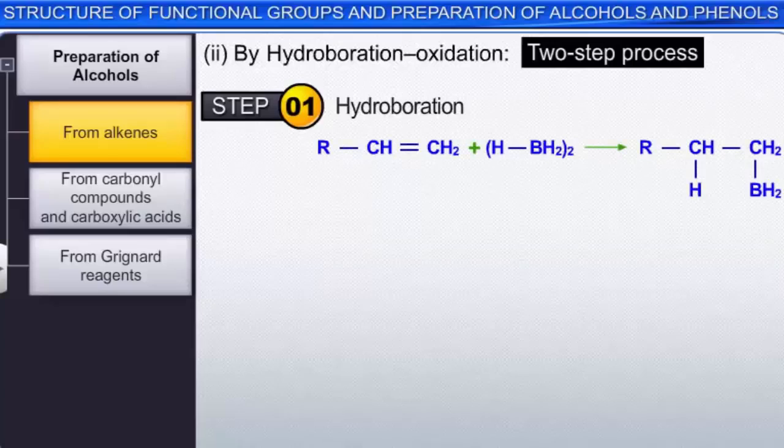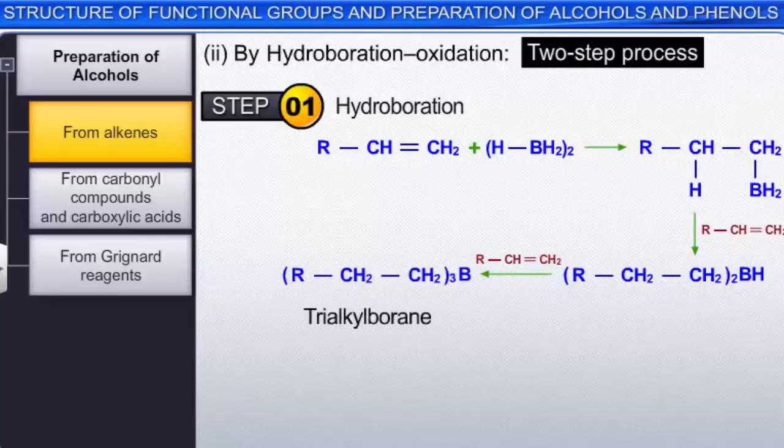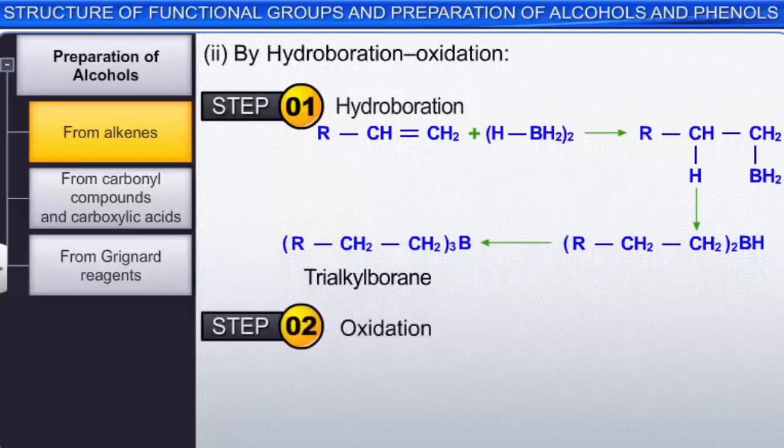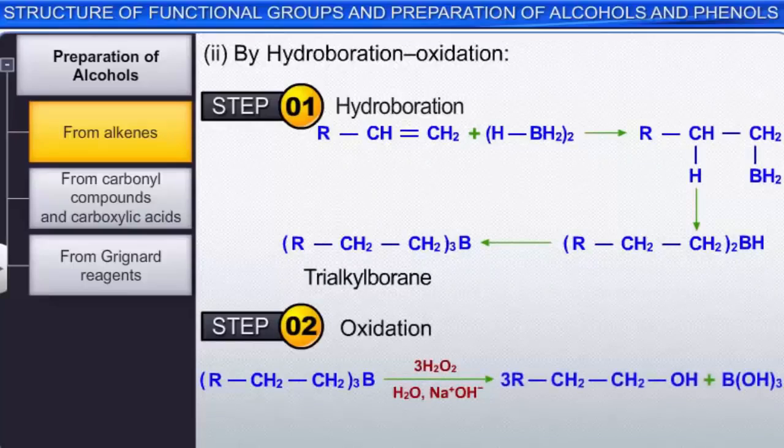The series of steps that forms the addition product trialkylborane is shown here. Then, the trialkylborane is oxidized by hydrogen peroxide in aqueous sodium hydroxide to form the corresponding alcohol.